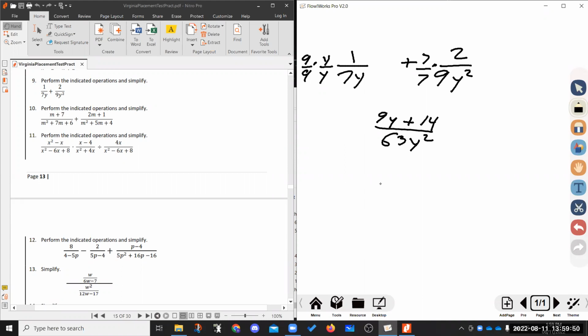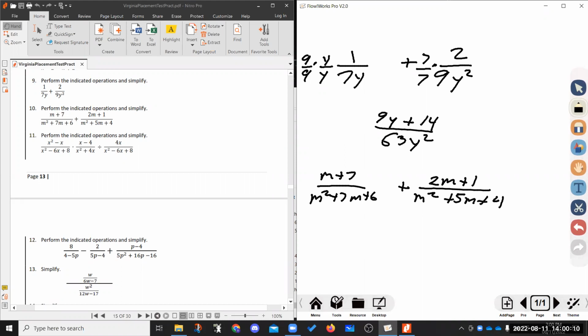Now they'd like me to add m plus 7 divided by m squared plus 7m plus 6, and 2m plus 1 divided by m squared plus 5m plus 4.